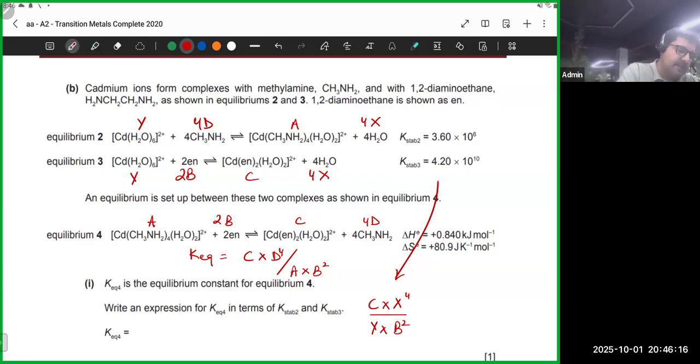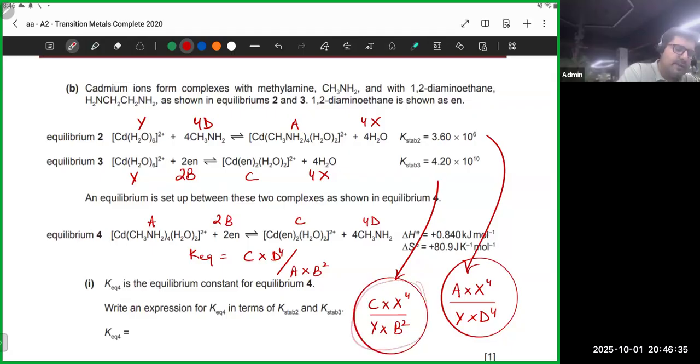Right? And what's K stab 2? Its expression is A times X to the power 4 divided by Y times D to the power 4, right? So I have these two expressions. So how do I combine K stab 2 and K stab 3 so that I get this? Should I multiply or divide?